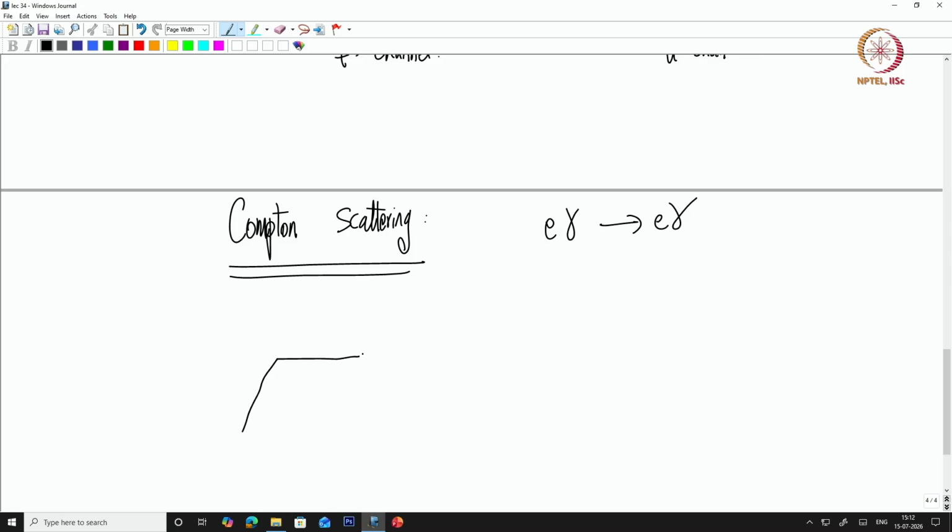You have electron going in, electron propagator, electron coming out. So, this is the photon coming in and the photon going out. So, you have P1, P2, this is the time direction, P3, P4.